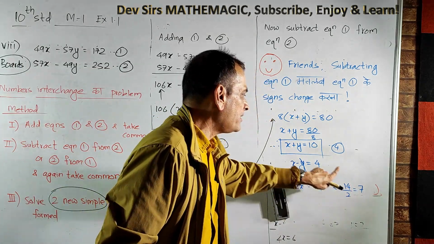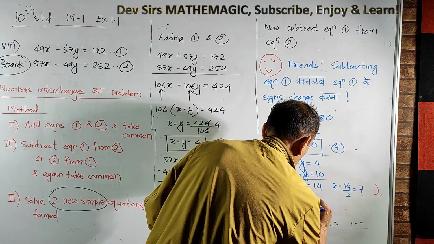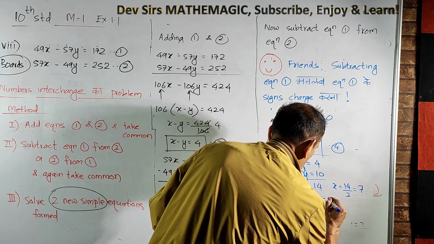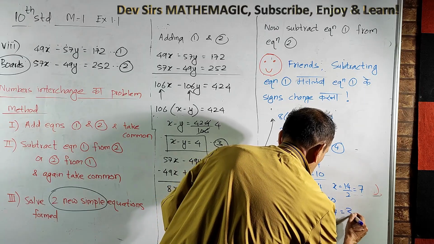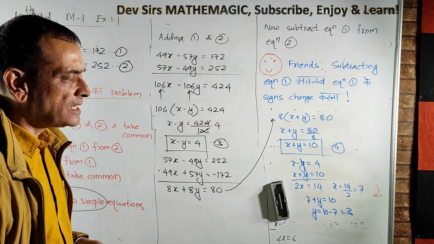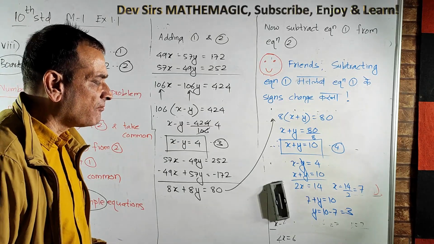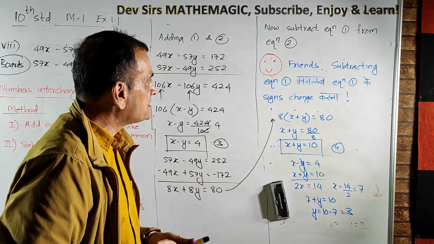Put x equal to 7 in equation 4. So your answer is x equal to 7, y equal to 3. That is our solution set.